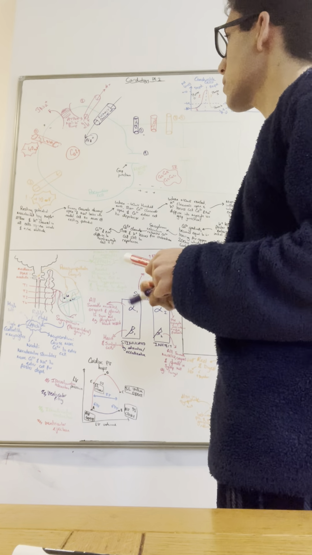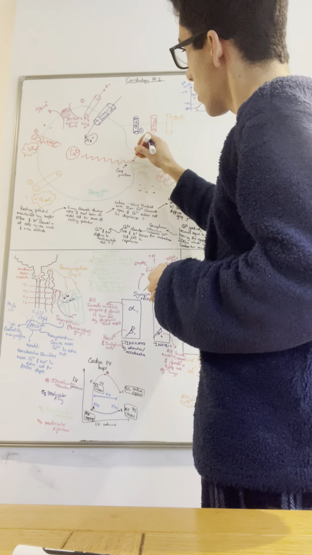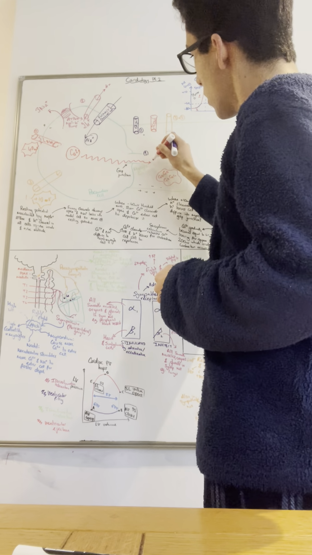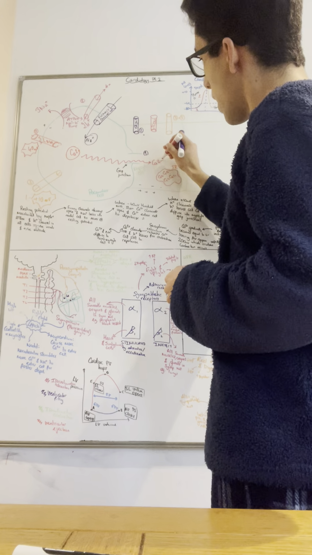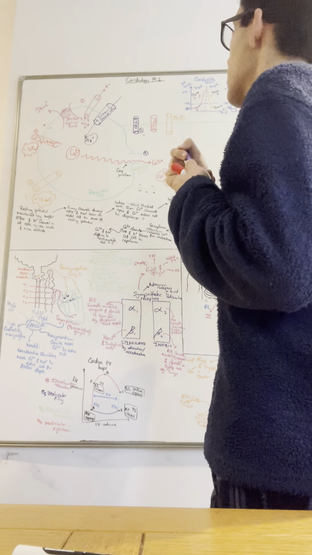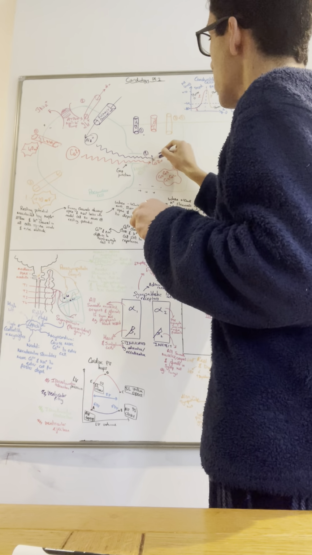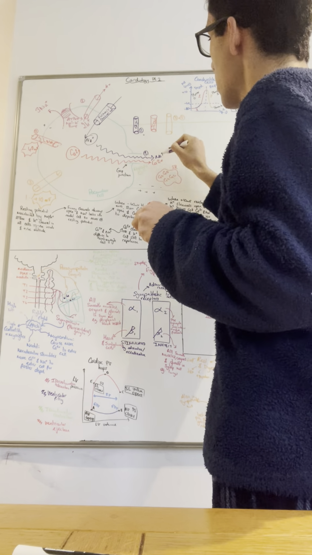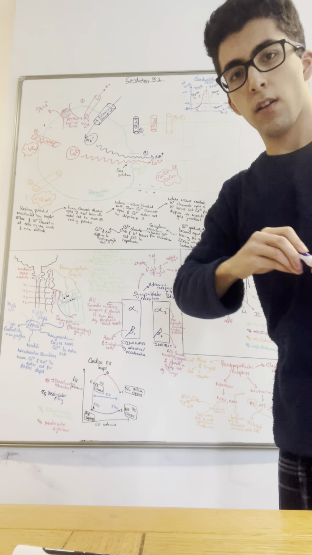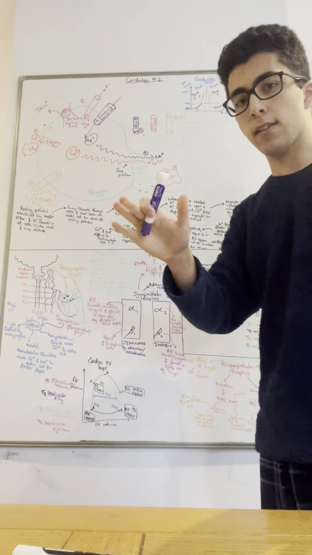So what happens is these diffuse into our myocyte cells. Okay, this is important. So they diffuse into our myocyte cells, which before they've diffused in are at a resting state.